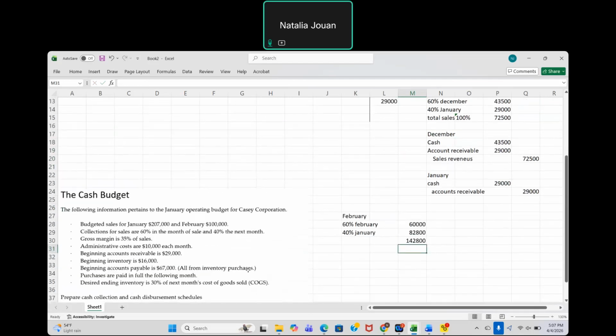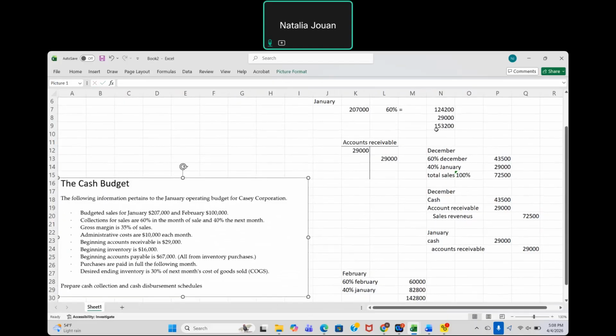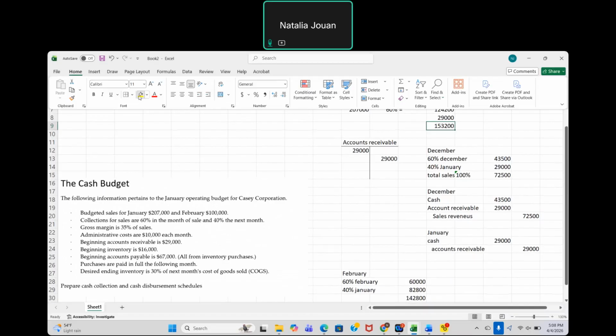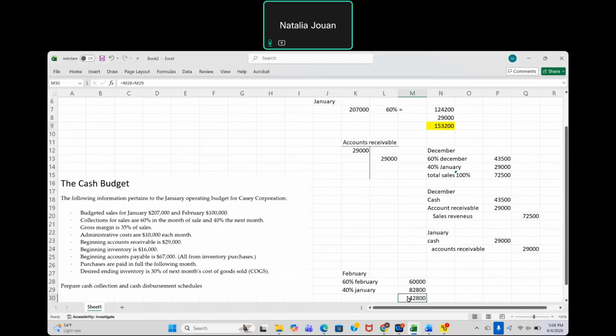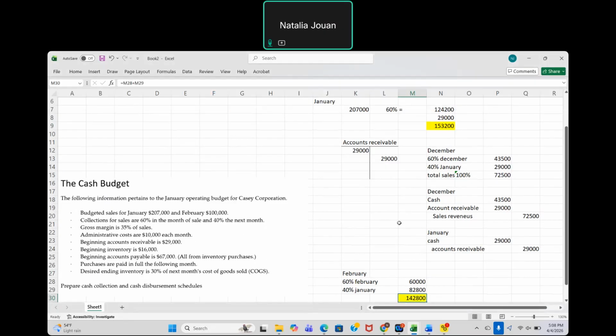So if you want to see the whole thing here, scroll up. So in January, you're collecting 153. Right here, total collections, January, February. Your sales in February went down a little bit, so it's expected to collect a little less.